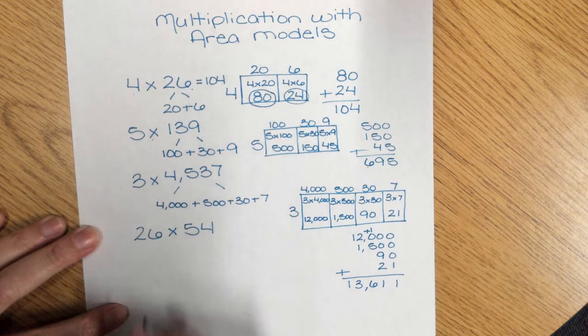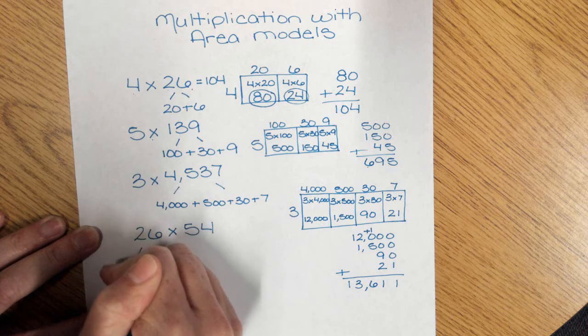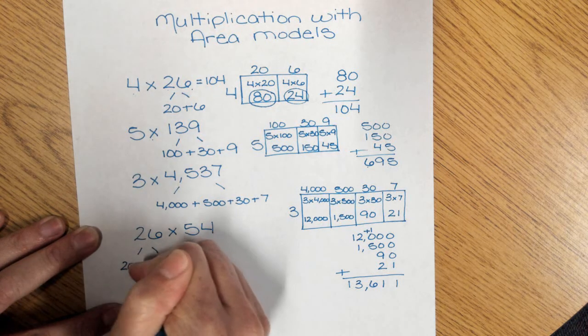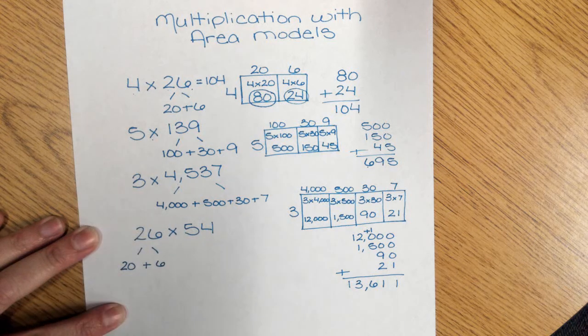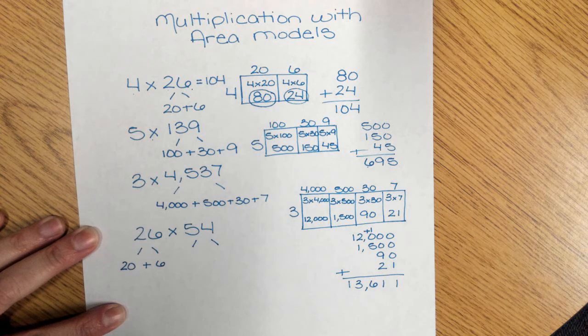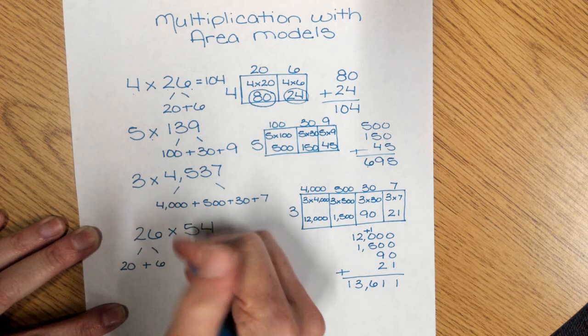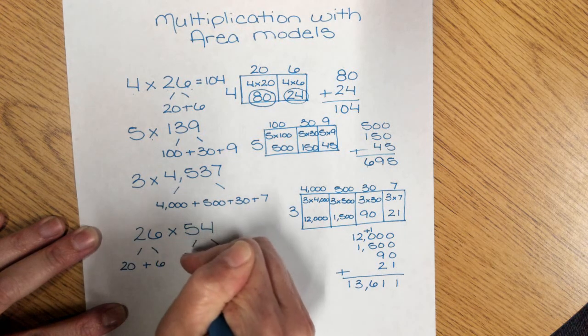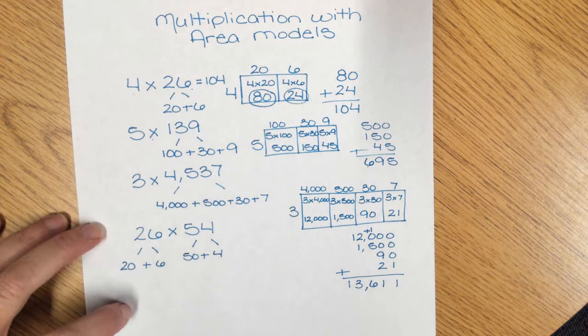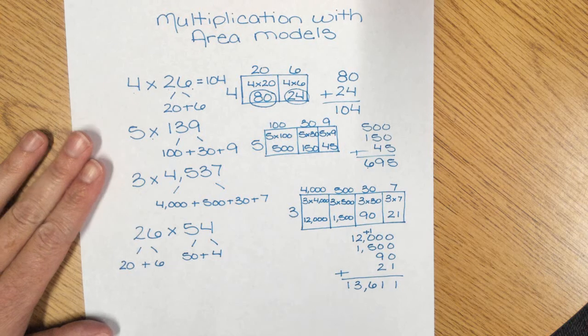So looking at my 26, when I break this apart, I know that I can make it as 2 groups of 10 or 20 plus my 6 ones. With 54, I can break it apart by place value and see that I have 5 groups of 10 plus my 4 ones. And now it's time for my area model.